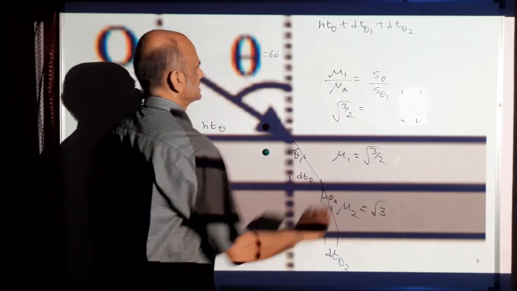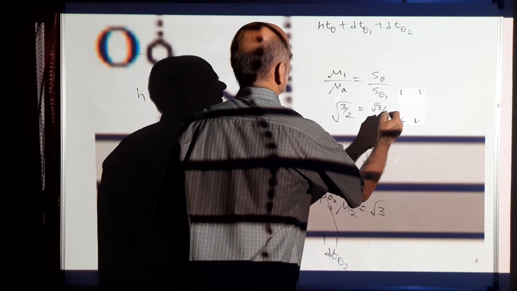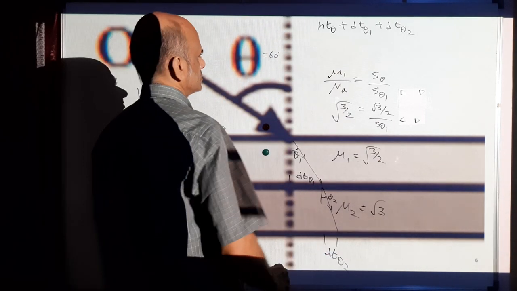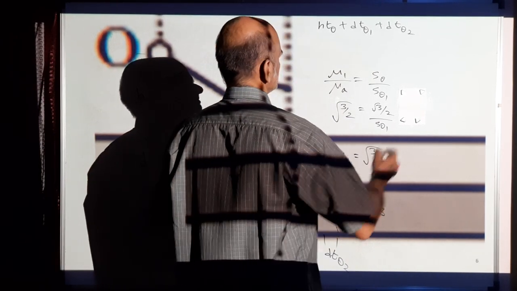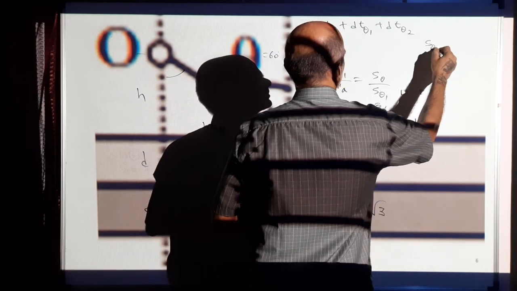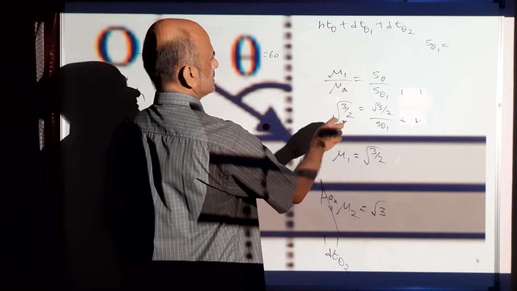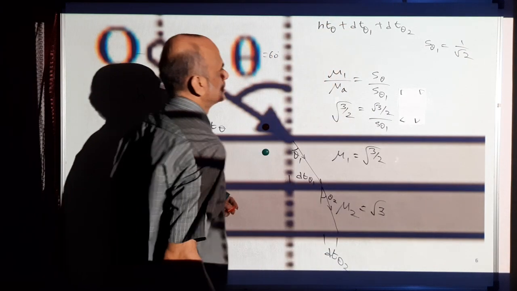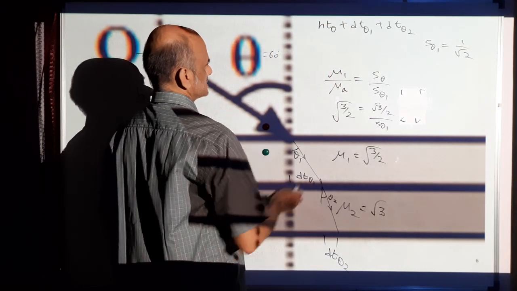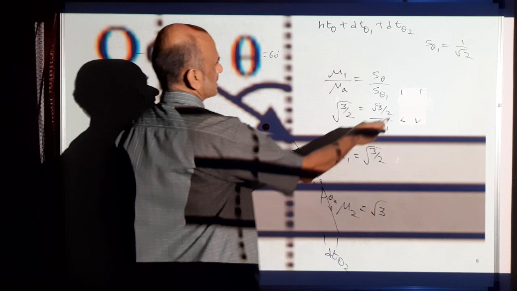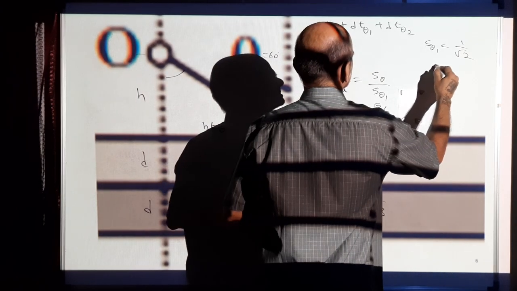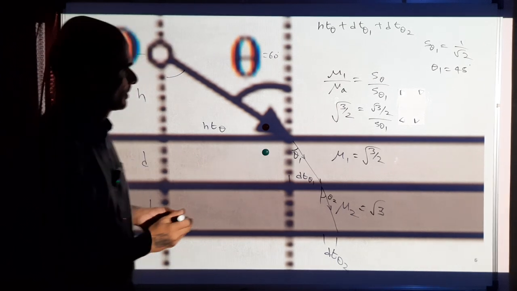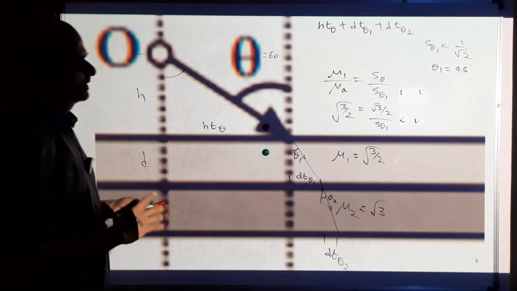Sine theta is sine 60, it's root 3 by 2, by sine theta 1. So this means sine theta 1 is 1 by root 2. Root 3 and root 3 will cancel, and the remaining root 2 will be there. So this means theta 1 is 45 degrees. Now we have to find theta 2.